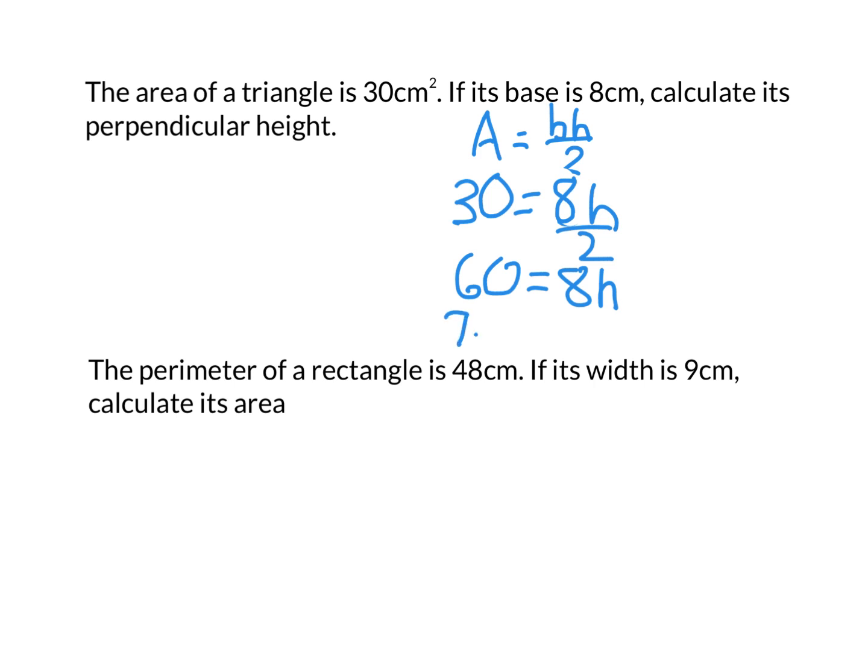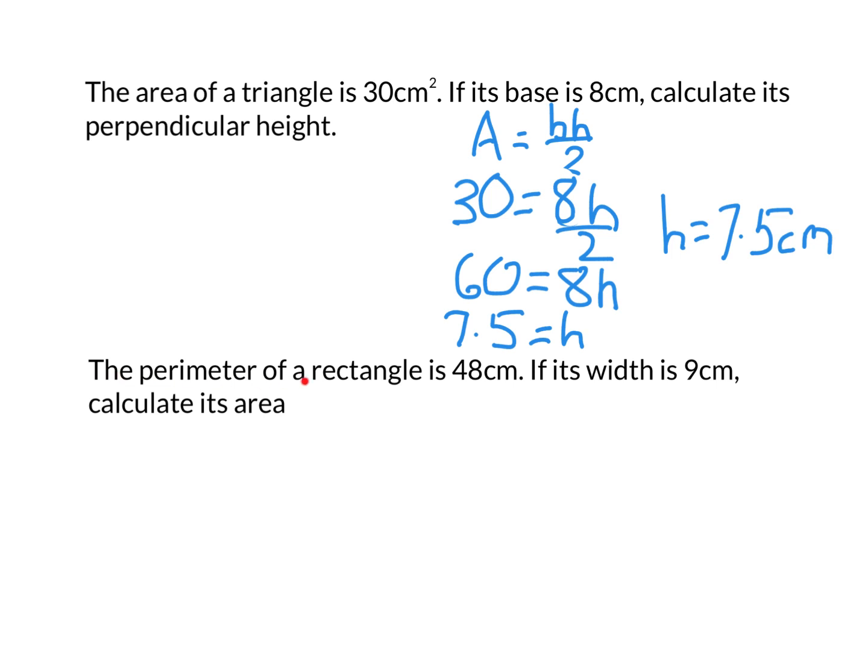So 60 divided by 8 is 7.5. You can use your calculator for that. 7.5 equals H. Because all the measurements were in centimeters, H will also be in centimeters. The perpendicular height of this triangle must be 7.5 centimeters because 8 times 7.5 divided by 2 is 30.